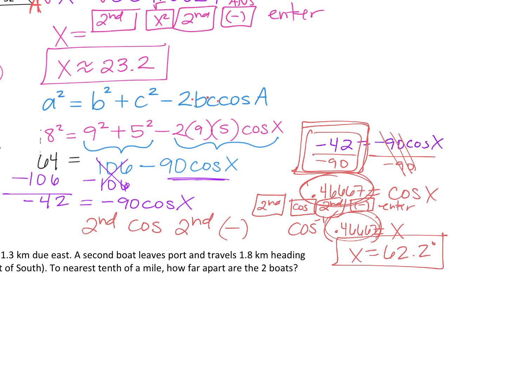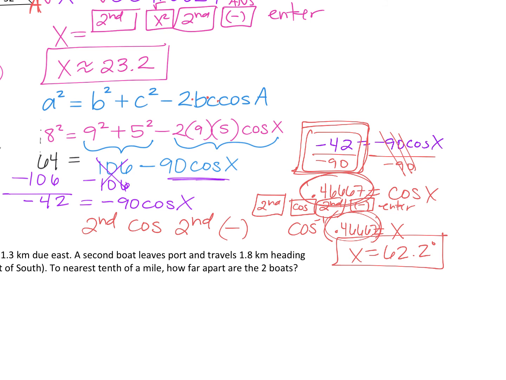Do you have 0.46666 showing up on your screen before you push it in? Put that in. So just do this real quick. Clear your screen. Did you get it? Okay, so now do 42 divided by 90. Enter. Okay, now go second.